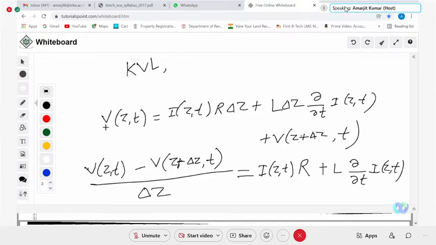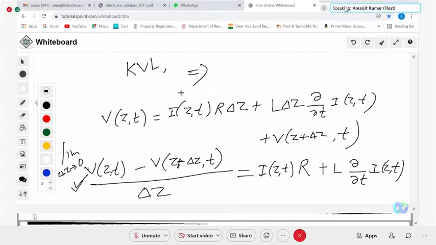Now, first apply the limit delta Z tends to 0.